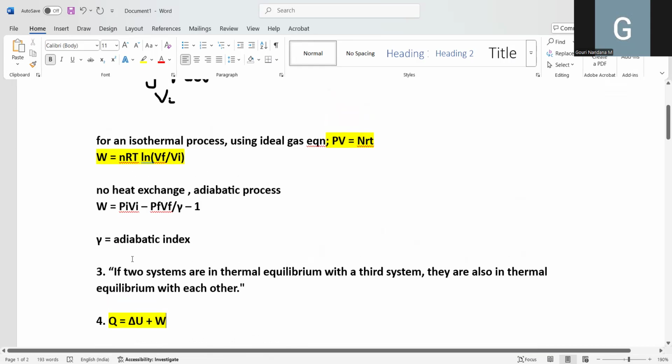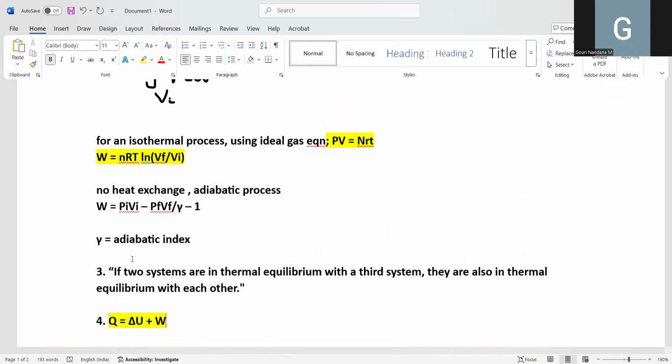The limitations are as follows. First, it does not tell the direction of heat flow; we cannot say in what direction the heat is flowing.